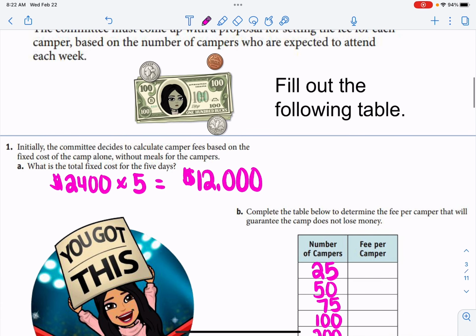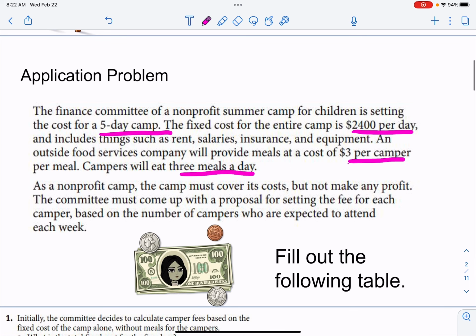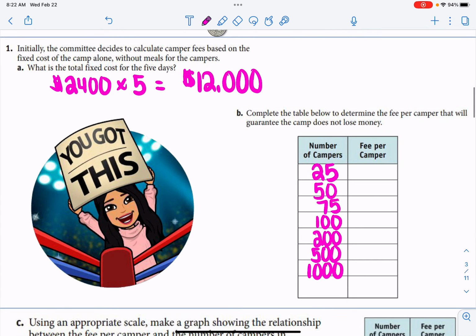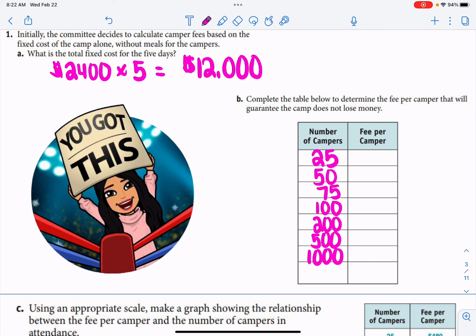It said it's $3 a meal per camper, and they eat 3 times a day. So the first thing I'm going to do is say it's $3 per meal and they eat 3 times a day. That's going to be $9 per camper.